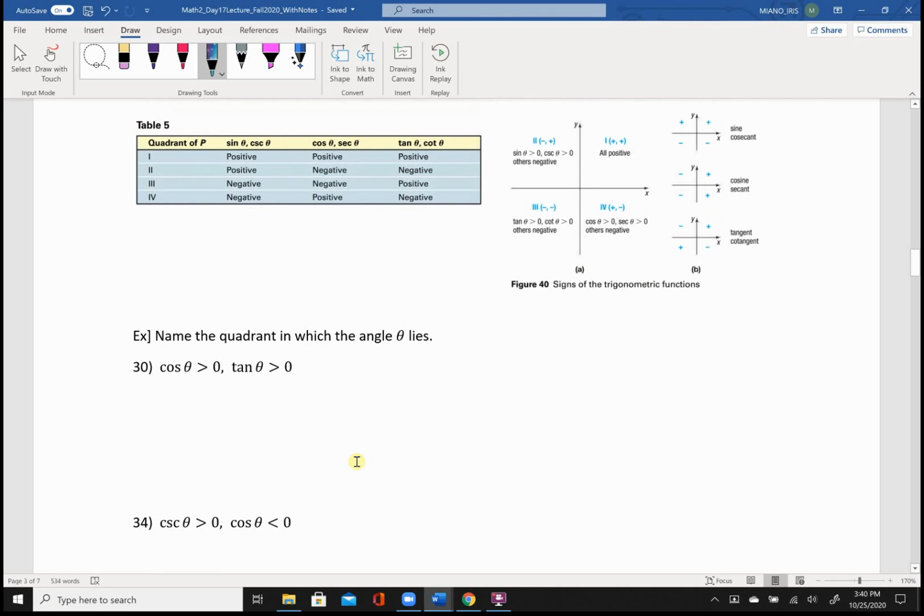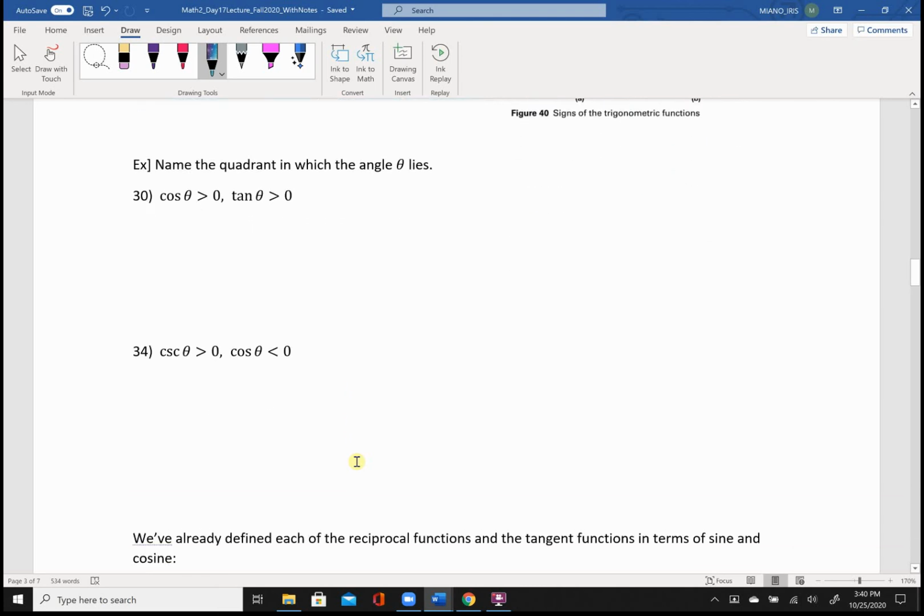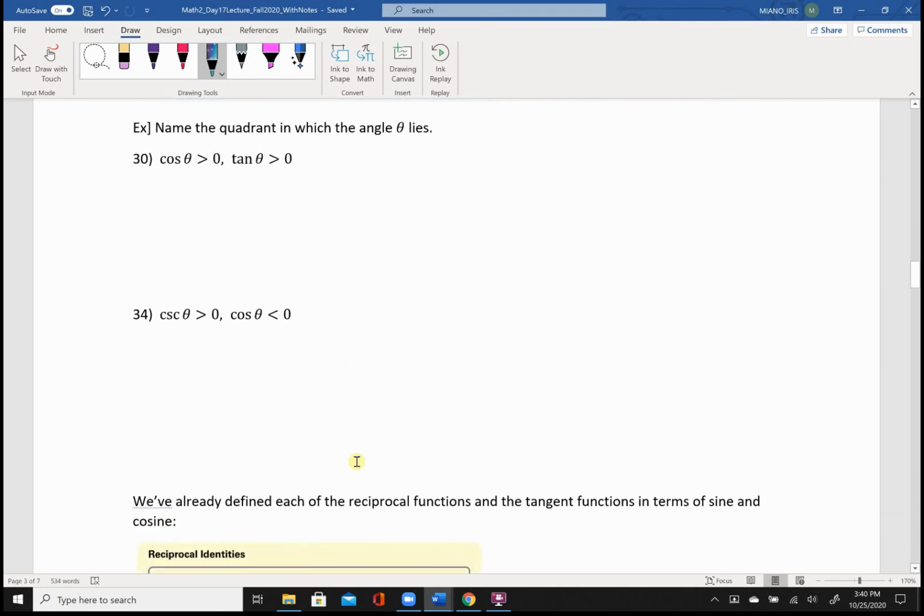Let's go through a few trials of being able to determine what quadrant theta has to lie in, given just two pieces of information. You have to be given some information about a cosine function, or something that's involved with a cosine, and the other piece of information has to at least involve a sine function.